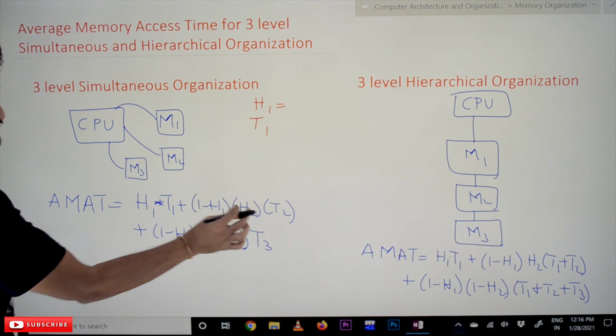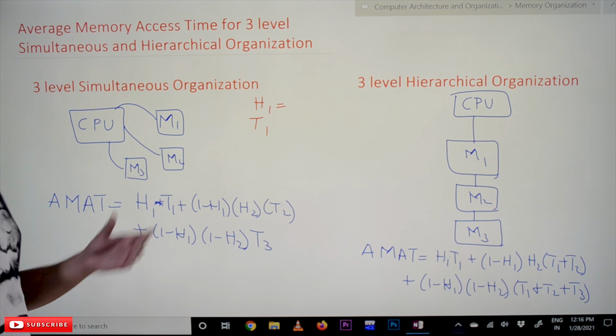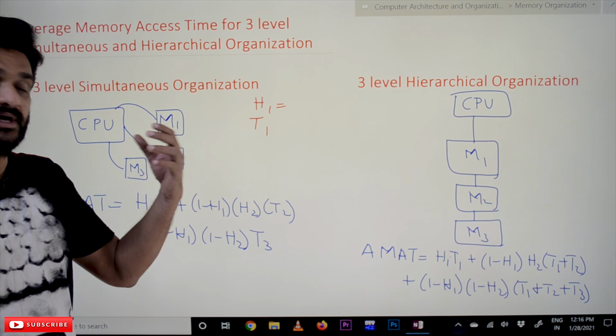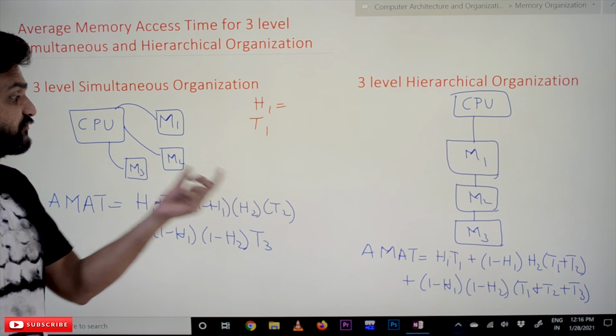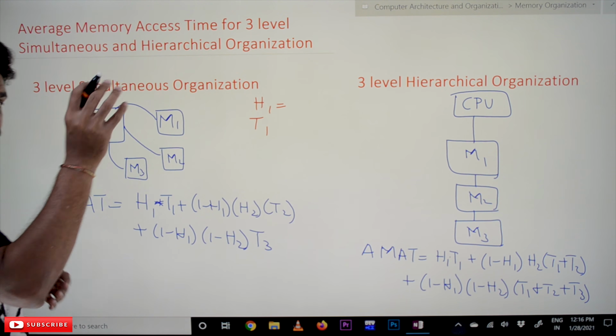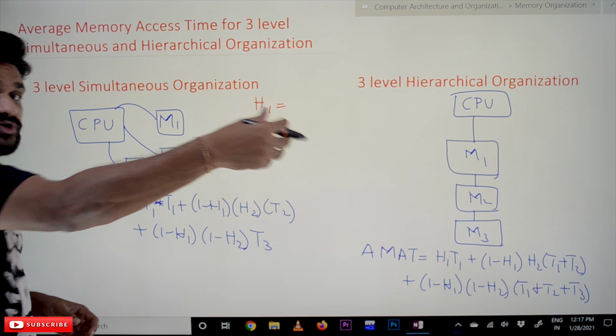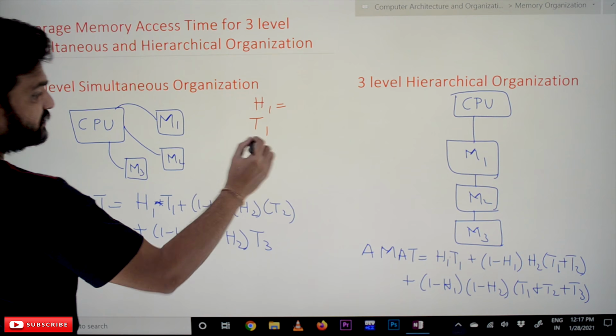Similarly, H2 is the hit ratio of memory 2, and T2 is the memory access time for the second memory. To access the value from the memory, the amount of time that is taken is what we call T2.